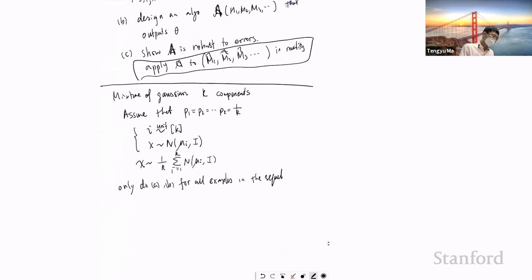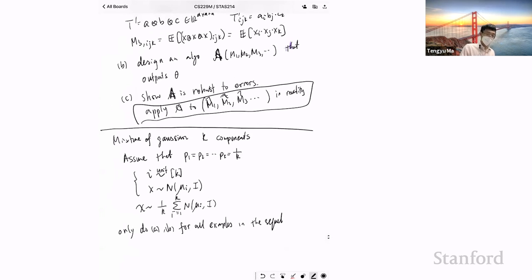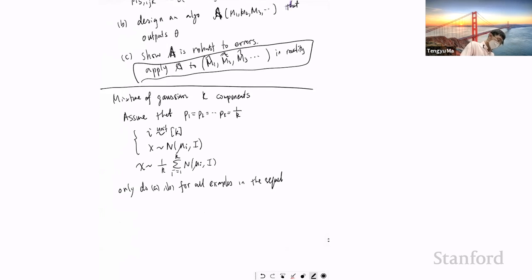So now let's try to compute the moments and see which moment is enough for us to recover the means. Again, let's compute the first moment. You have k possible cases, and each cluster shows up with probability 1 over k.